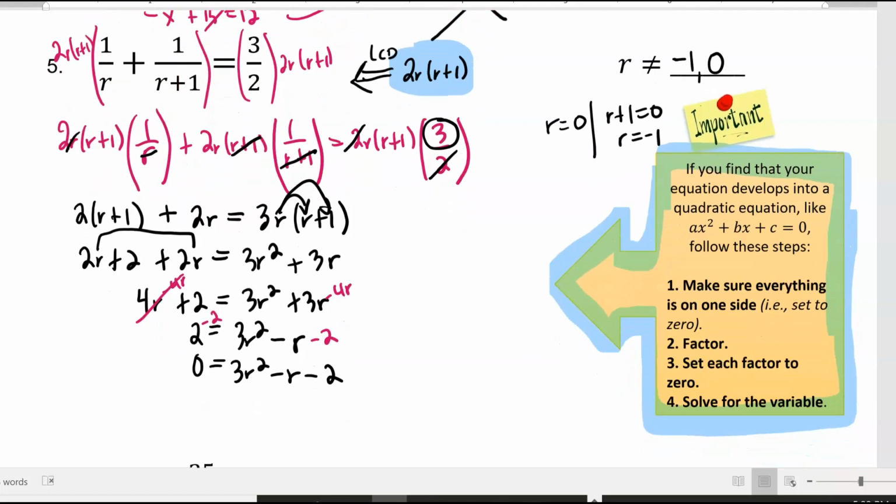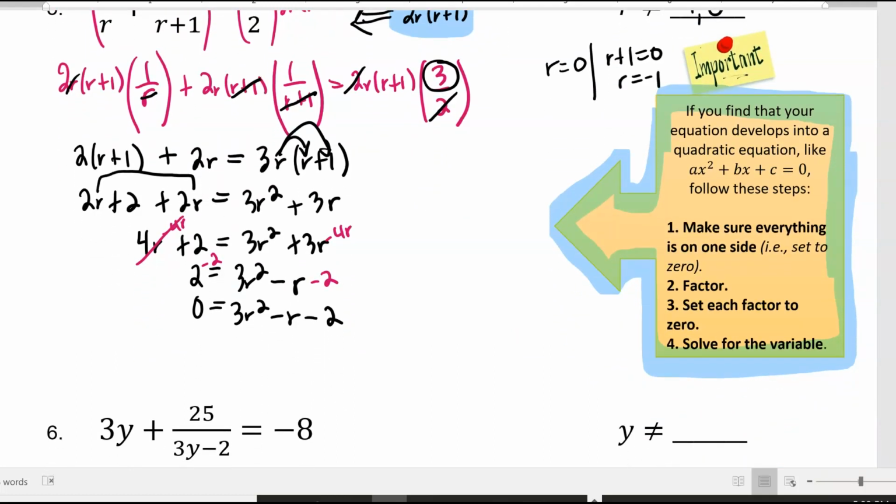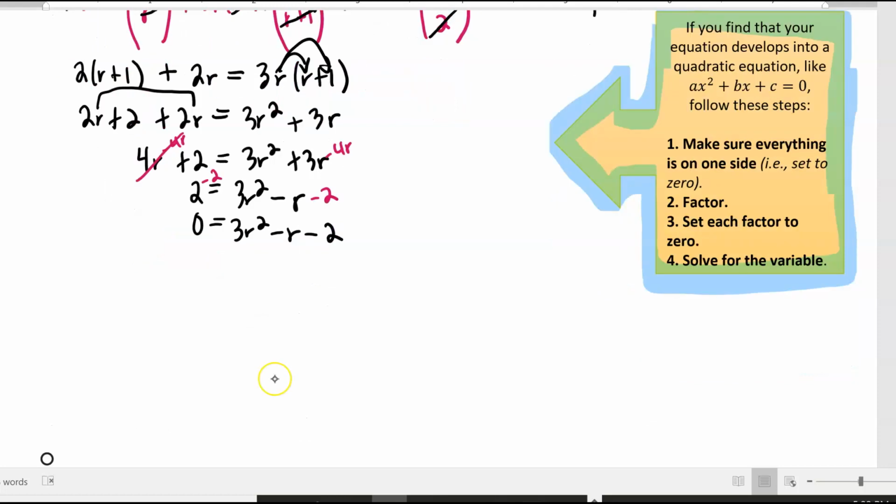Now, this is a trinomial, so you need to factor that. What I want you to do is attempt the AC method and provide the exact factors for 3r squared minus r minus 2. I'm not saying give me the numbers that will equal -6.